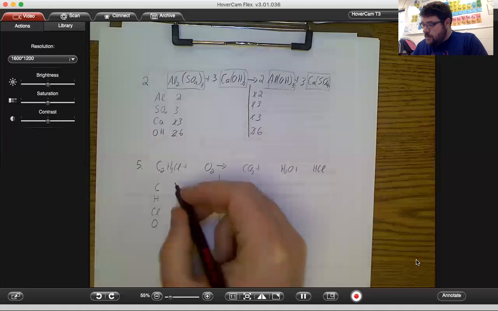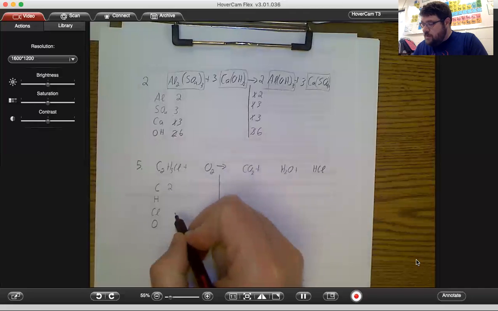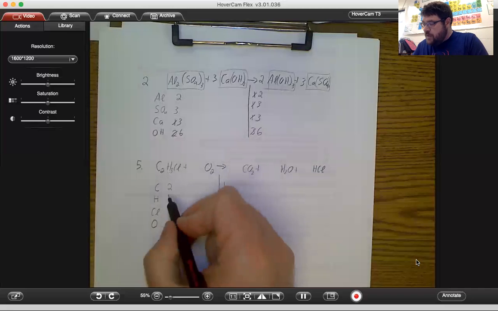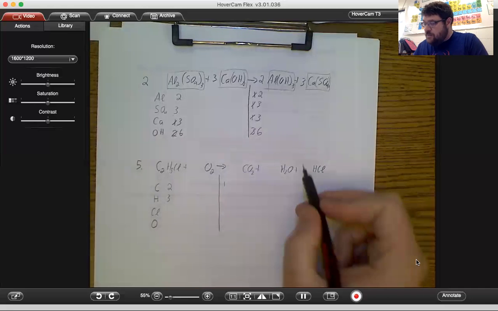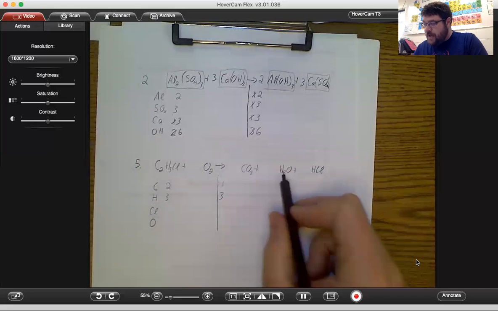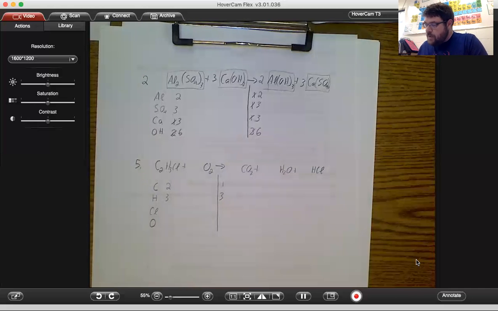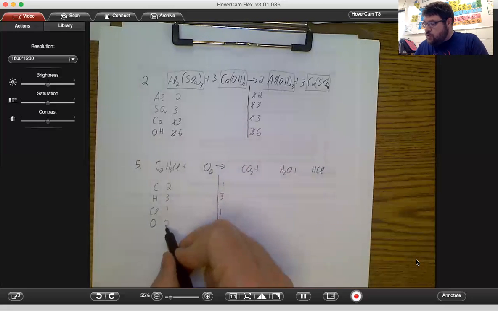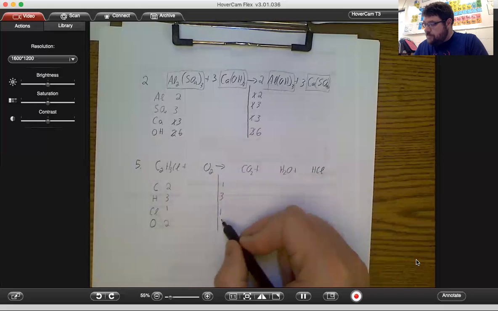Writing it up, I have 2 carbons, and then 1 carbon on this side. 3 hydrogens, and then careful, 2 and 1 makes 3 hydrogens on that side. Gotta remember to add them up, and there are 2 spots. Chlorine, 1 and 1. Oxygen, 2 and 3.